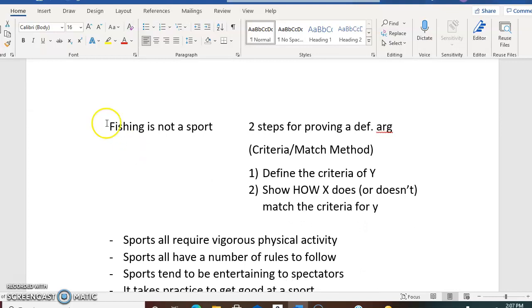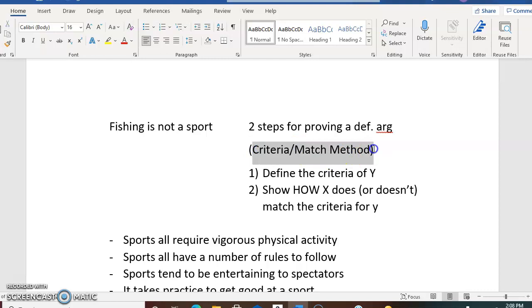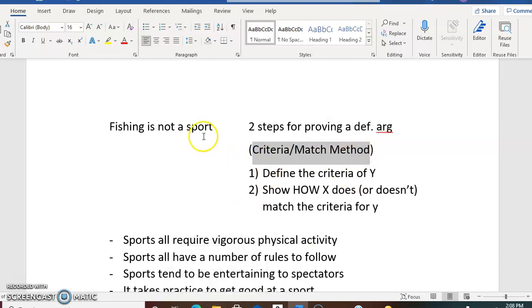But let's say, right, that we want to argue that fishing is not a sport. All right, with any definitional argument, there are two steps for proving your claim. And the two steps are called the criteria match method. That's a method for proving all definitional arguments. Okay? So, there's two steps.